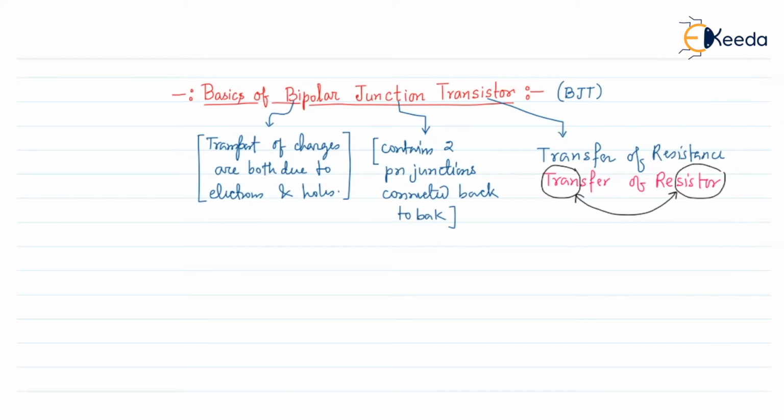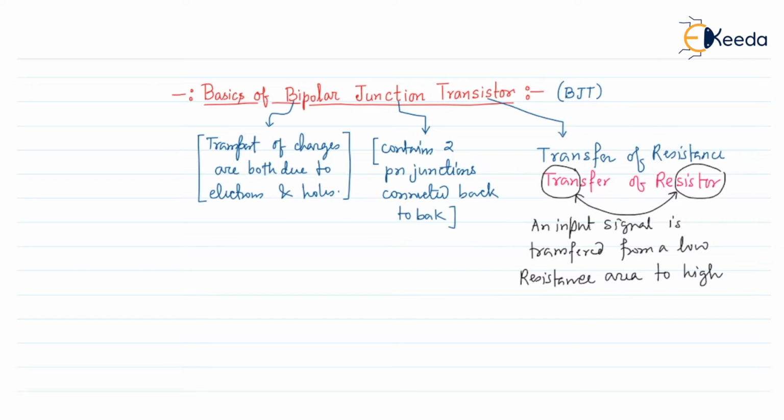What does this mean, transfer of resistor? Transfer of resistor means an input signal is transferred from a low resistance area to a high resistance area.